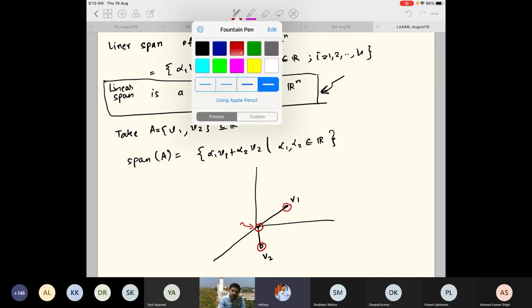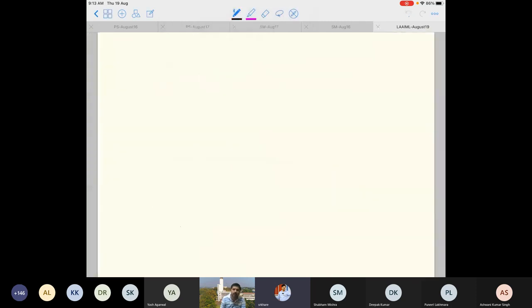So you understand the concept of linear span. One more important concept that you would have seen is linear dependence and independence. Given a set of vectors v1, v2, ..., vk in Rn, do the vectors depend on each other linearly or not?